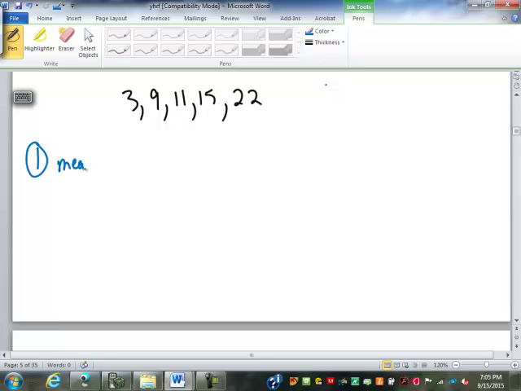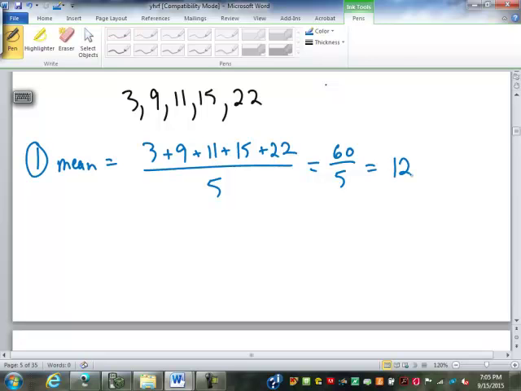Find the mean. So let's add these up. 3 plus 9 plus 11 plus 15 plus 22. We're going to divide by 5 because there's 5 of them. I get a mean of 12.